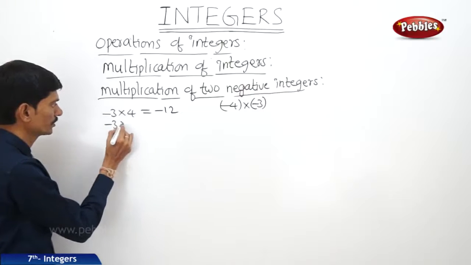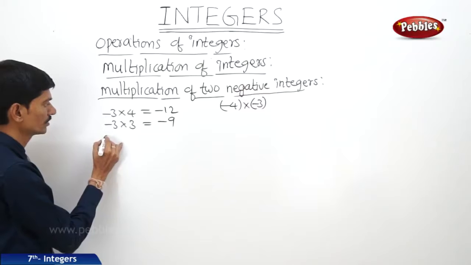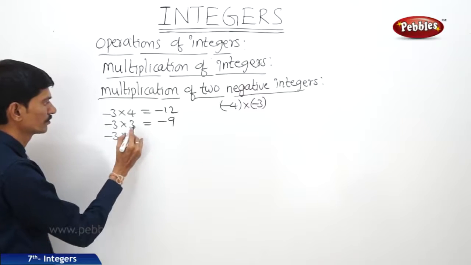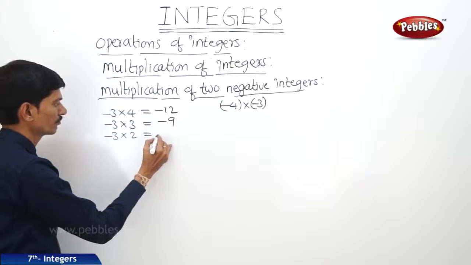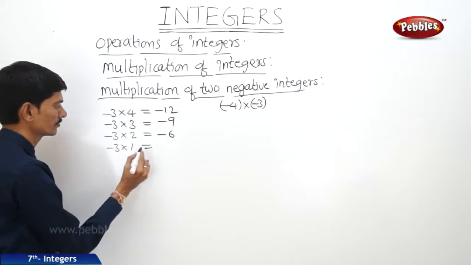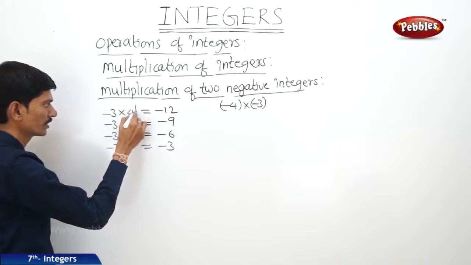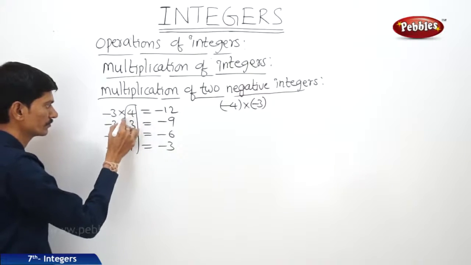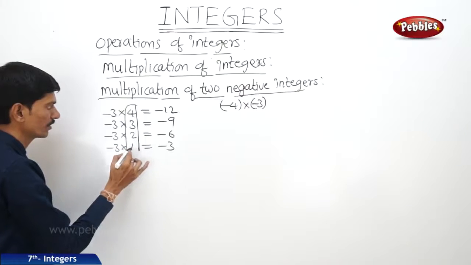Now minus 3 into 3 equals minus 9, minus 3 into 2 equals minus 6, and minus 3 into 1 equals minus 3. Here the multiplier is decreased by 1 each time.